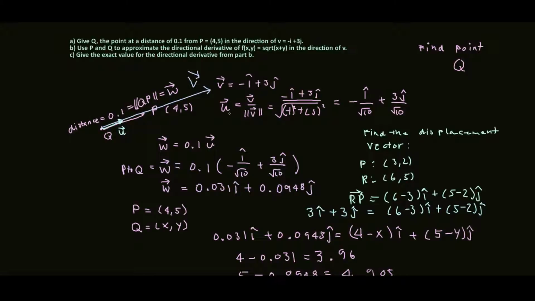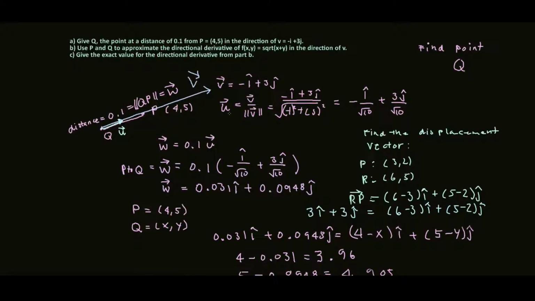So once we find the other vector, which we're trying to find, W is a scalar multiple of u.